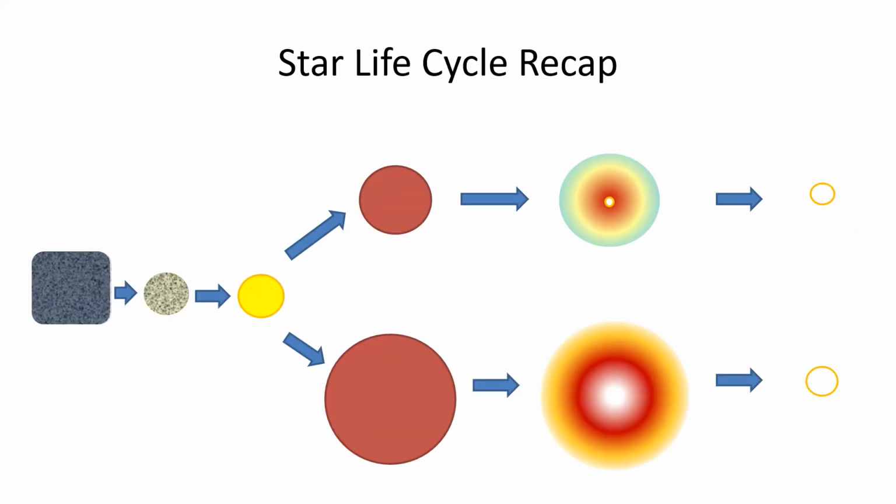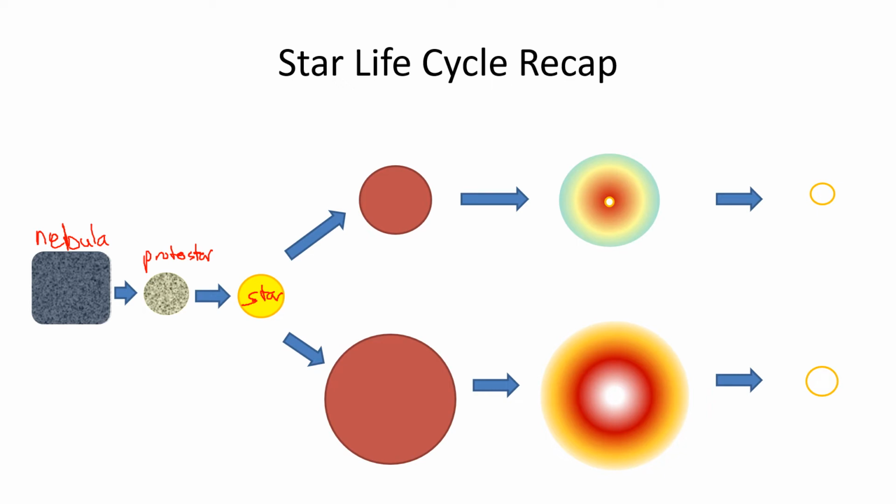So a little recap here. We're going to start with a nebula, and then we will produce the protostar, which is that blob of gases as it starts to condense, and then you'll get a star.